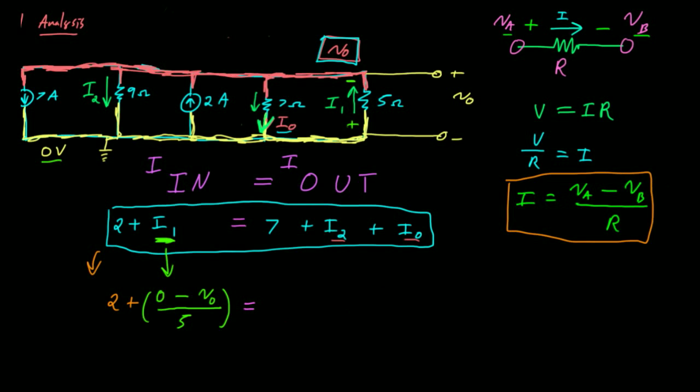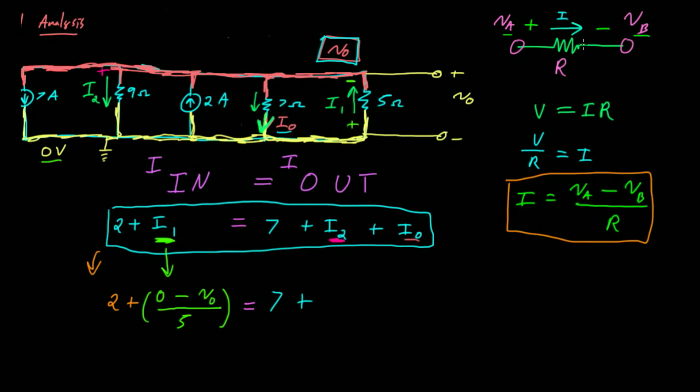So we've got equals, and that 7 just comes right on down, we don't have to do anything to that, plus the next current we've got, this I2. So I2 is this current right here. It flows from our V0 node down to our ground node, our 0 volts node.